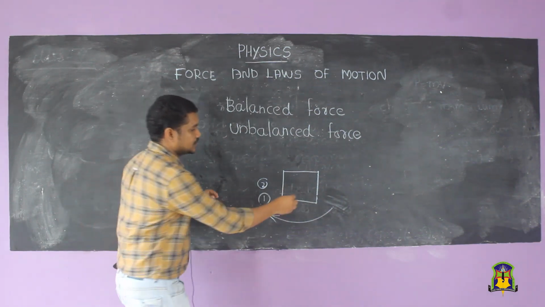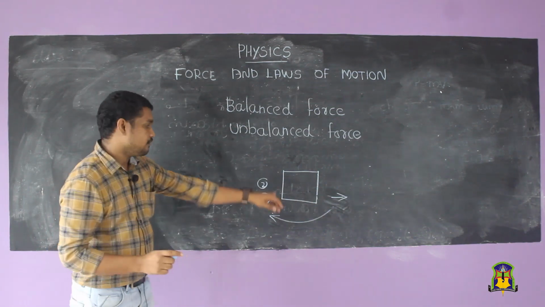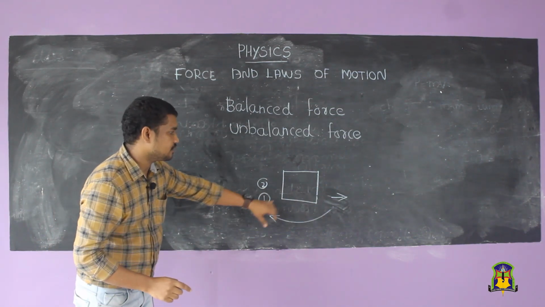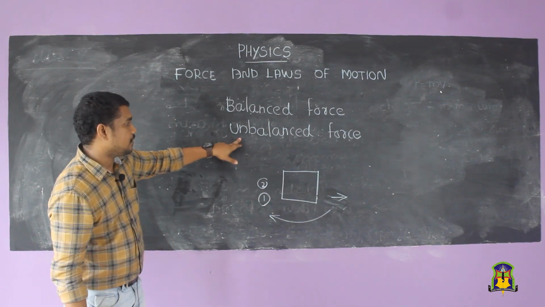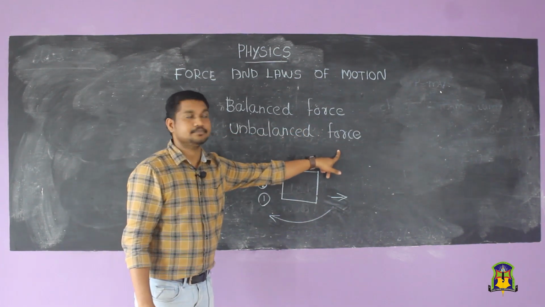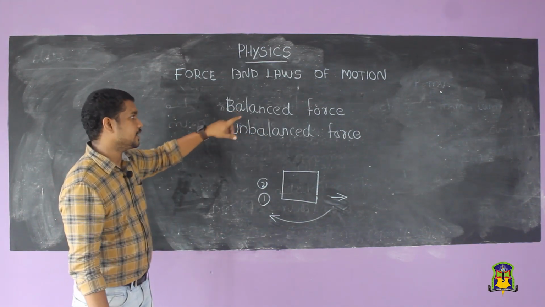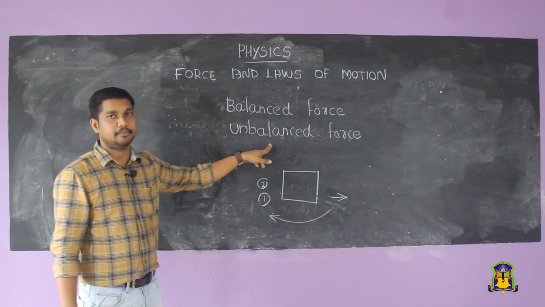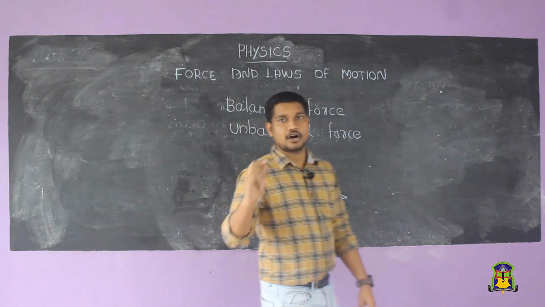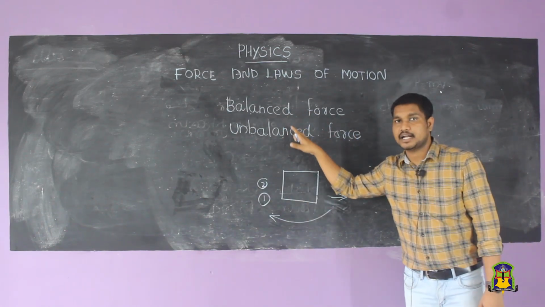That time this box will move in the opposite direction. When the two boys apply the force from one side, the box will move. That type of force is called unbalanced force. Now I think you got the idea about balanced force and unbalanced force. Clear? All of you got the idea of the main difference between the balanced one and the unbalanced one.